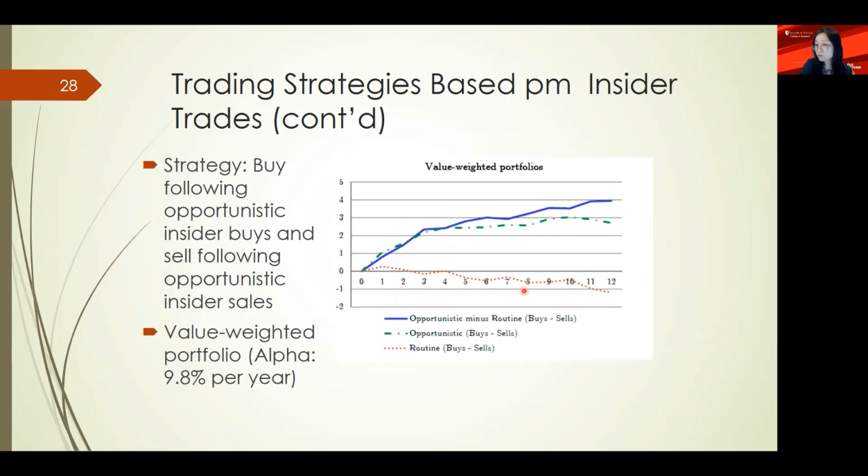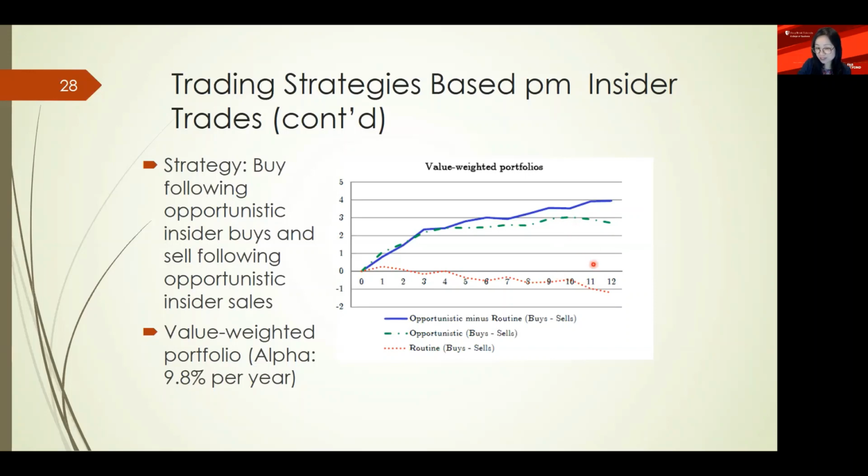If you follow the routine trades instead, you actually lose a little bit of money, maybe statistically insignificant. So the routine trades do not contain information about future price movements. The best trade you may have is to follow the opportunistic long-short, but short the routine long-short, right?